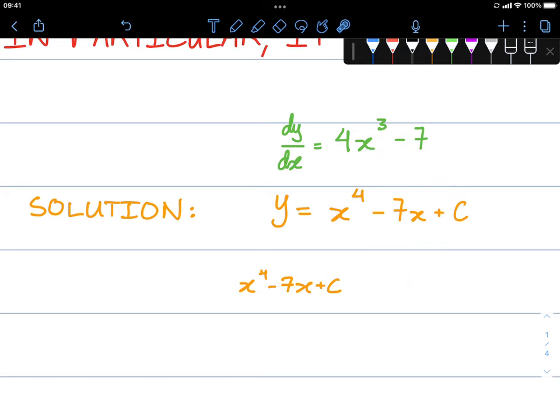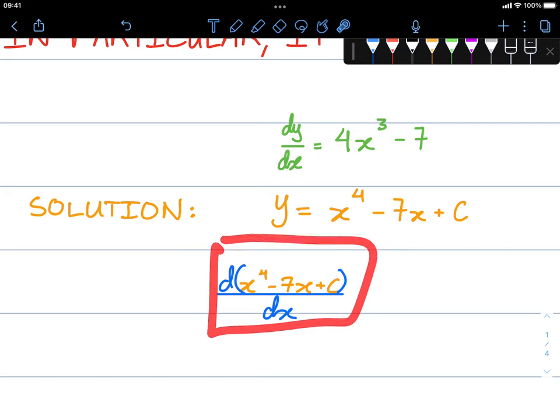I'll demonstrate to you now that we can actually substitute this for y. Because y is equal to this function, we can substitute it here. It will look like this when we substitute it, so dy on dx. Notice how we substituted it for y, like so.